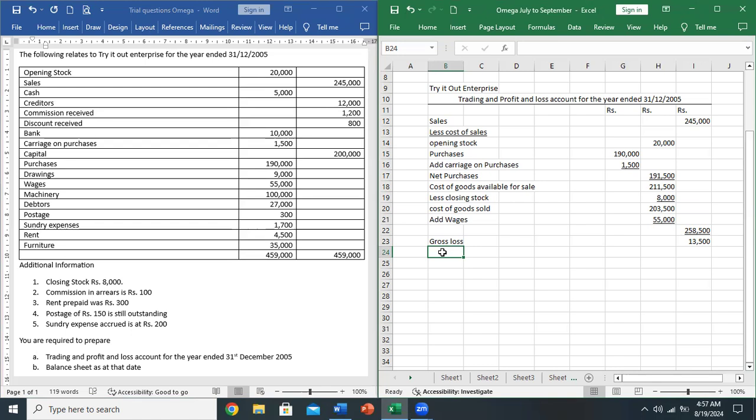Okay, so when we get the gross loss, that ends the trading account, but here we are to continue with the profit and loss account. So in our profit and loss, we add other income. So please, what other income do you have in this question?